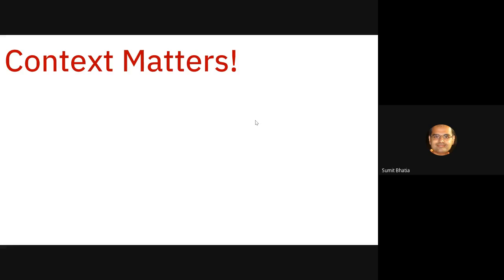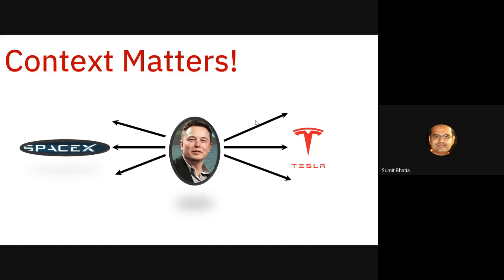Now, another way to understand the intuition behind using context is this. Let us consider Elon Musk. Elon Musk will have thousands of connections in the graph.